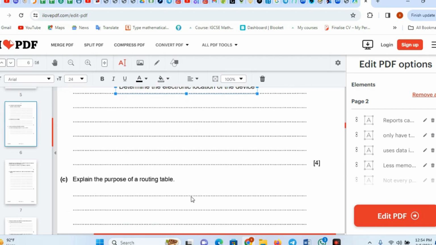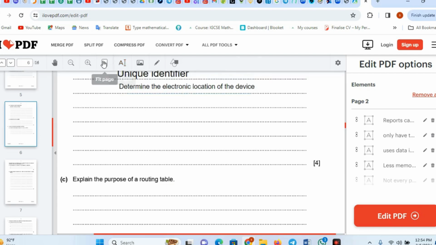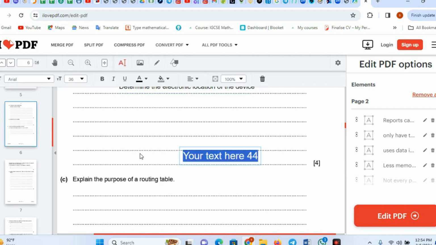5C says, explain the purpose of a routing table. We've talked about router earlier. So what is the purpose of a routing table? What can we use a routing table to do?